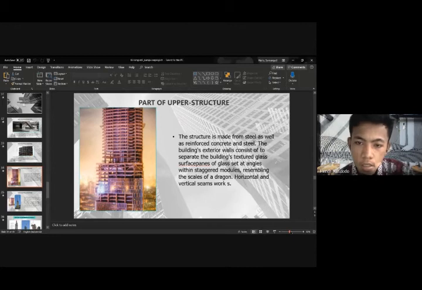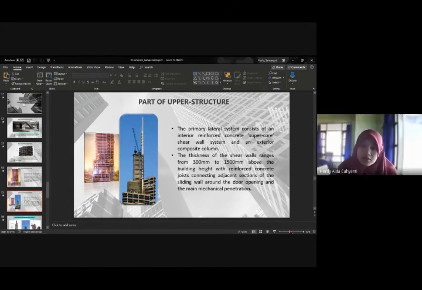The building's exterior walls consist of textured glass surface panes of glass set at angles within a striking modulus, resembling the scale of a dragon. Horizontal and vertical seams work as part of the other structure.